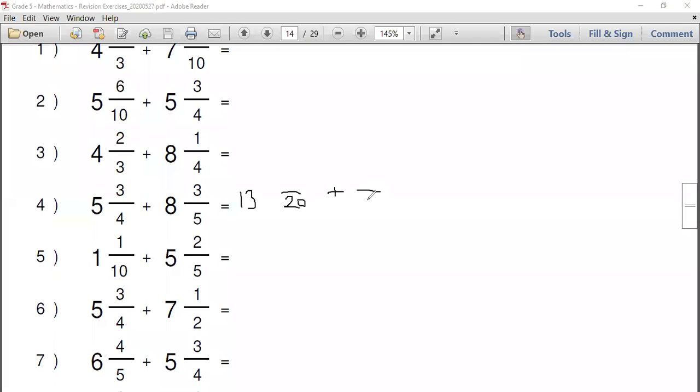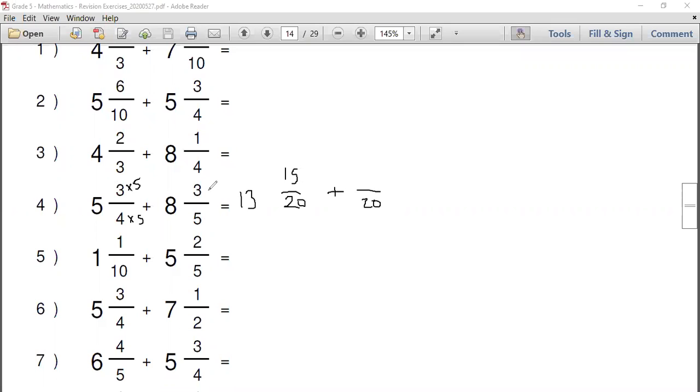Remember, if we change our denominators and we multiply, we have to do the same at the top. So if we say 4 times 5 at the bottom, we need to say 3 times 5 at the top. And 3 times 5 gives me 15.